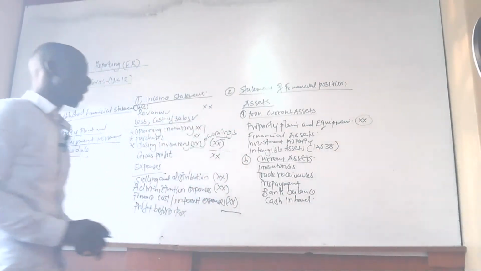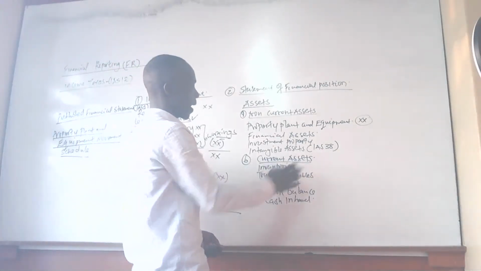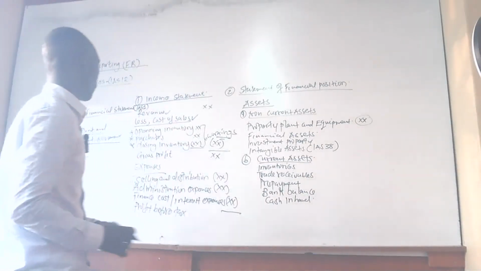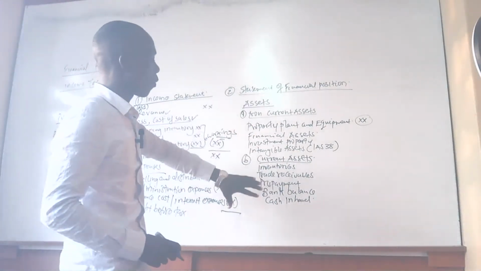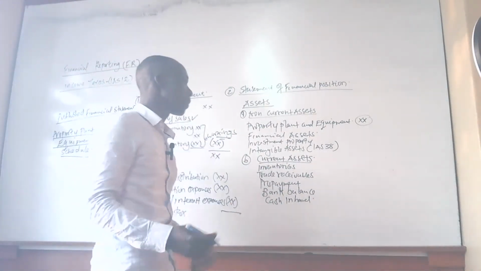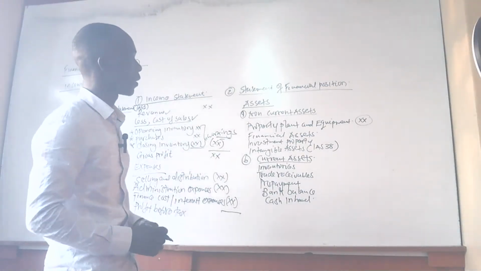Those are some of the items which are classified under current assets. And if you can remember, this is what we had discussed in our financial accounting. That is the foundation level.